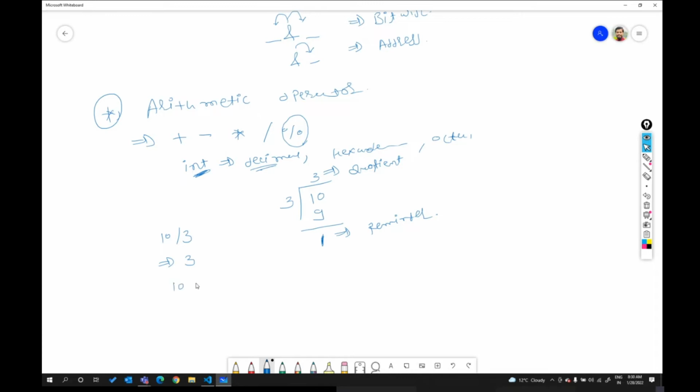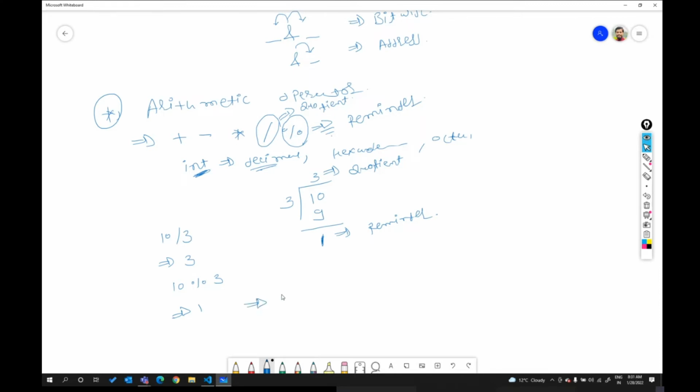So I will do 10 modulus 3, and it will give me output 1. So the modulus operator is useful for finding the remainder, and the division operator will give you the quotient. And addition, subtraction and multiplication you already know.